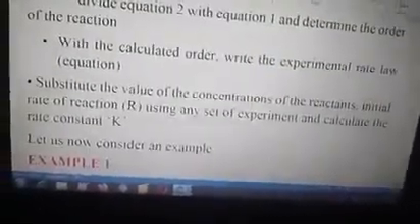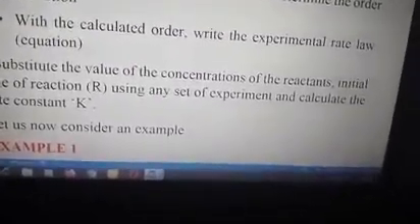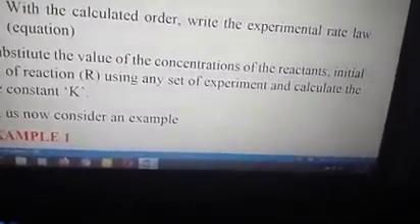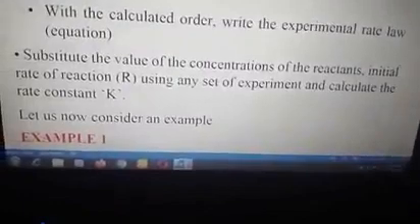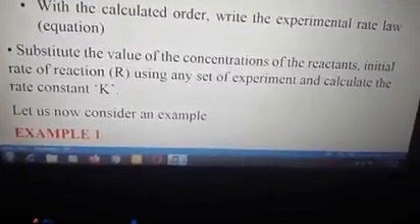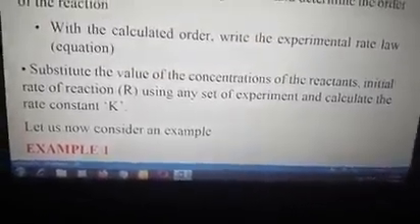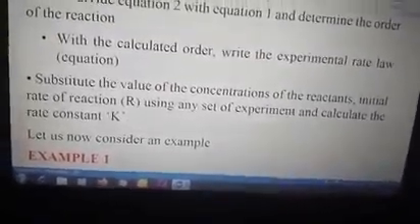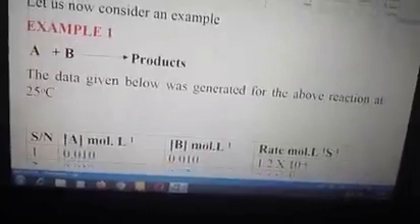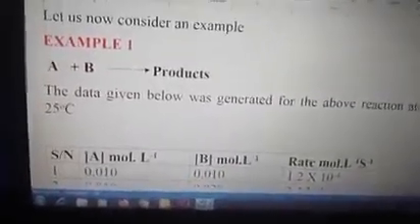Then the sixth, substitute the values of the concentrations of reactants and initial rate of reaction R, using any set of experiment, and calculate the rate constant. So let's go to an example and see how to carry out those steps.